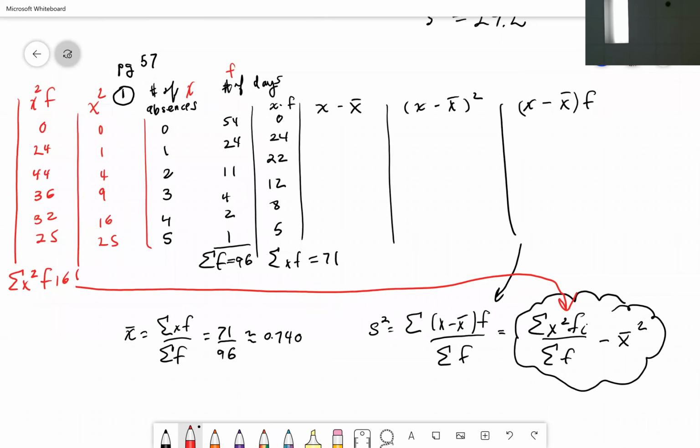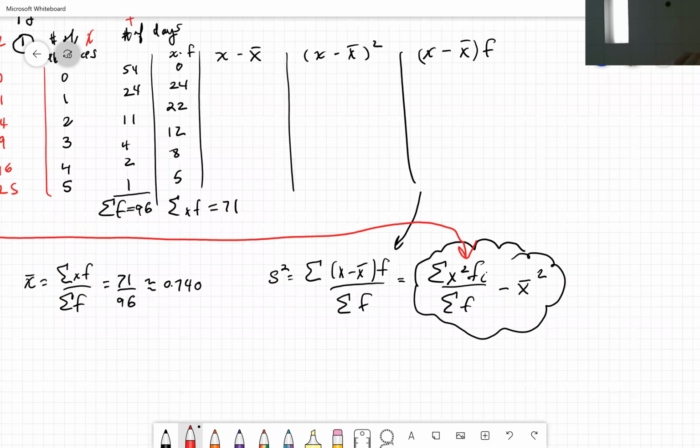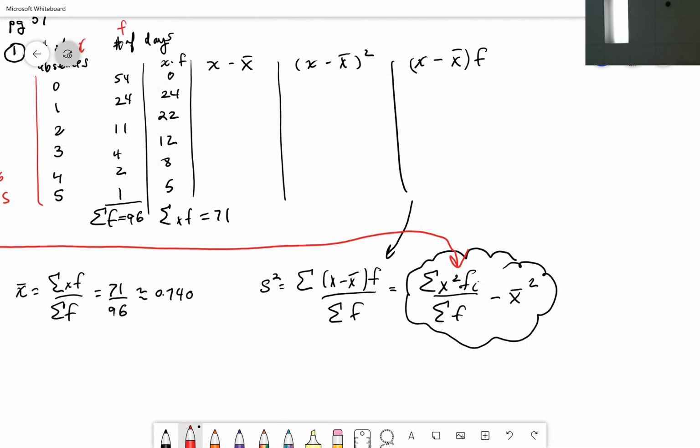And so now I can just do this here. I can come here and say, okay, this equals 161 divided by 96, minus 71 divided by 96, squared, and it saves me a little bit of time.